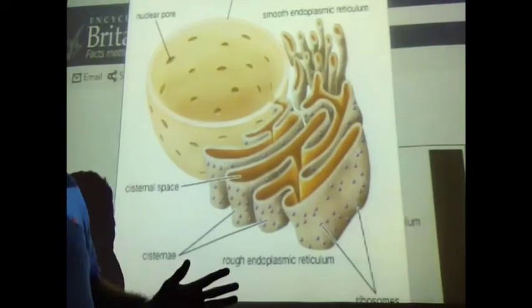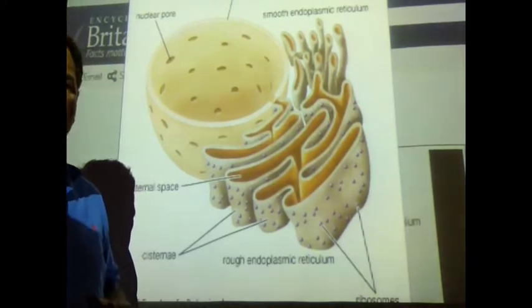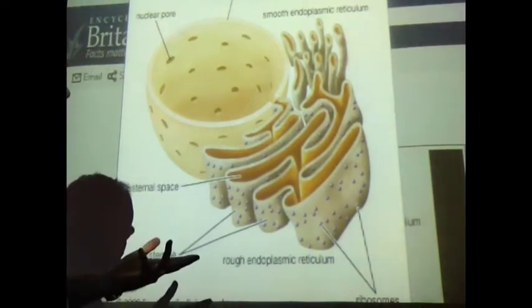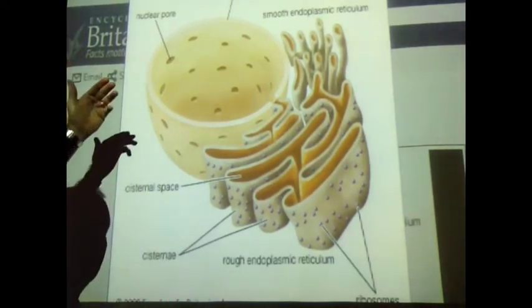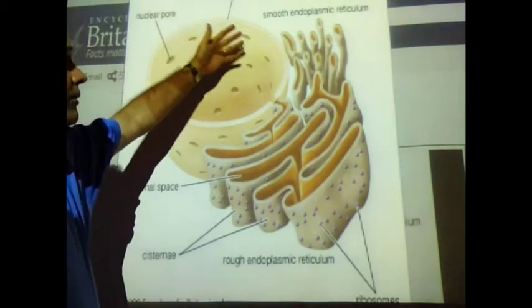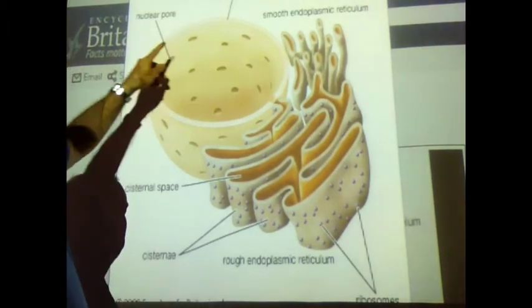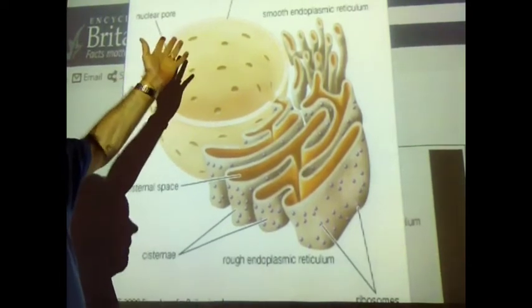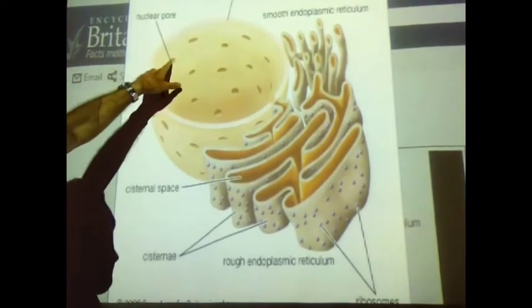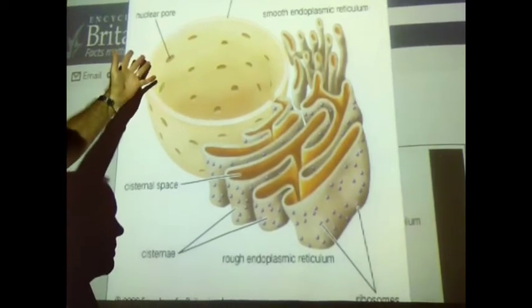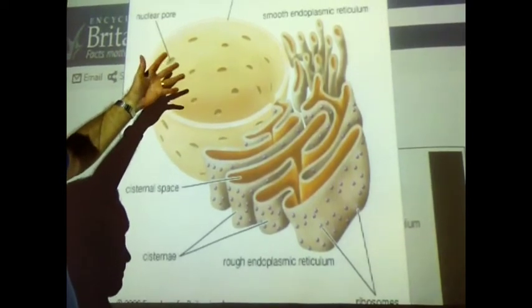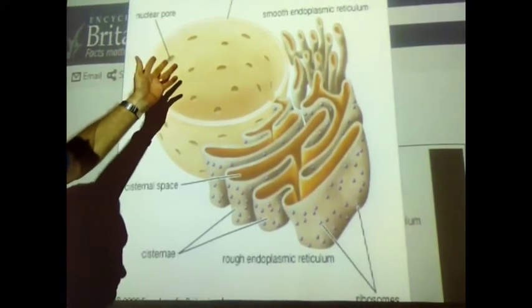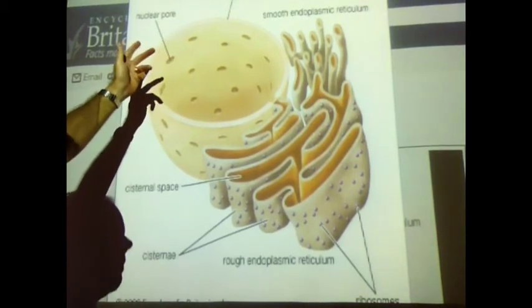Here I have another picture of the endoplasmic reticulum, just from a different point of view. We've got our cells, the nucleus, and they're calling that the nuclear envelope. We could call that the nuclear membrane if we wanted to. Nuclear pores will be your entrances and exits in and out of the nucleus, depending upon which molecule is allowed in or allowed out.